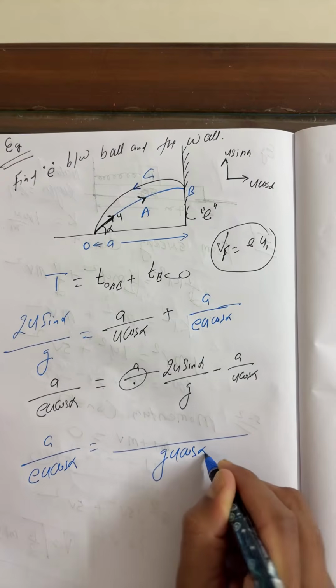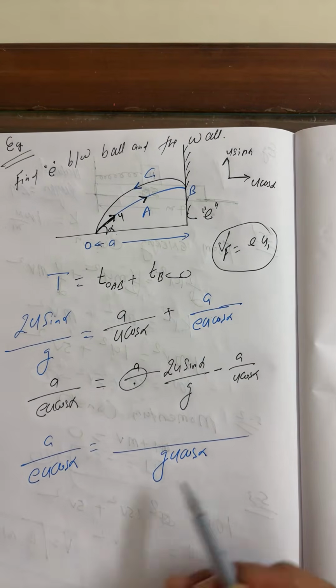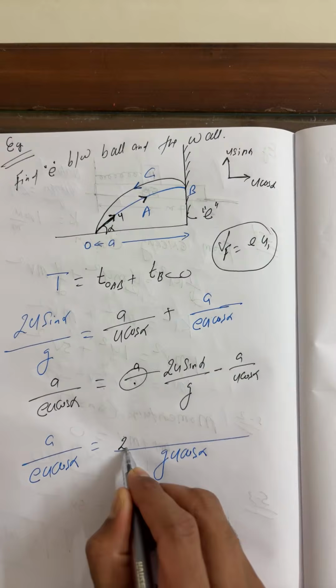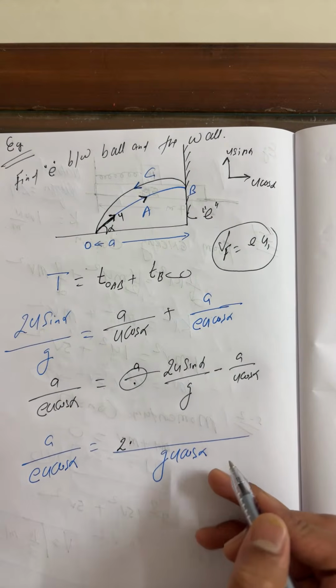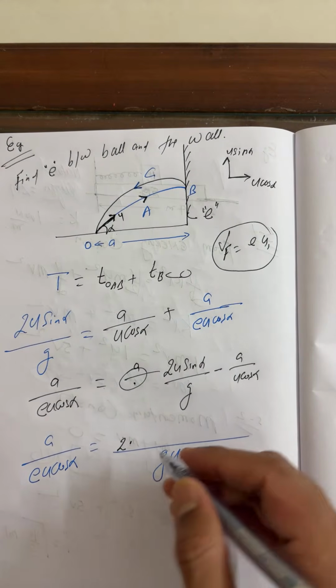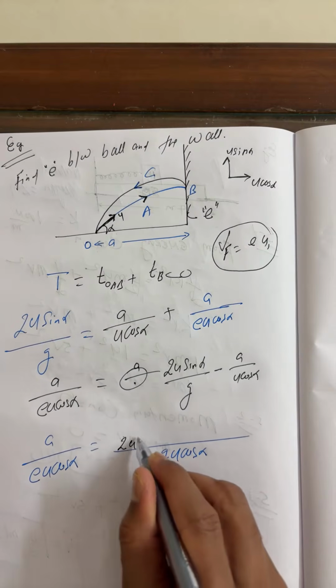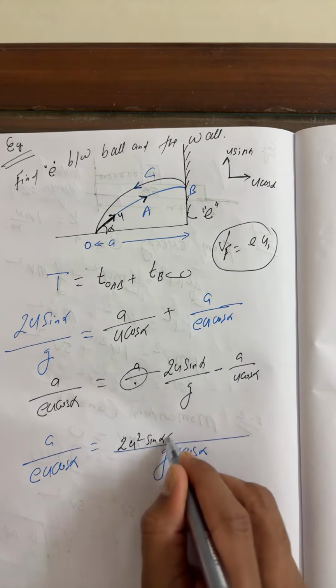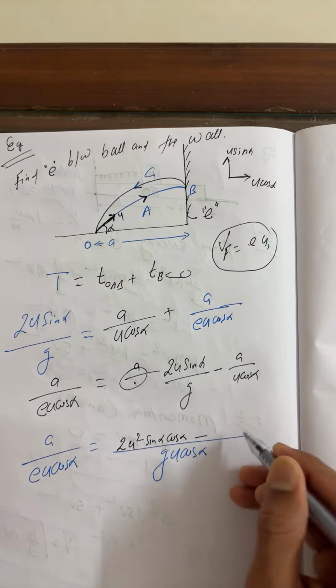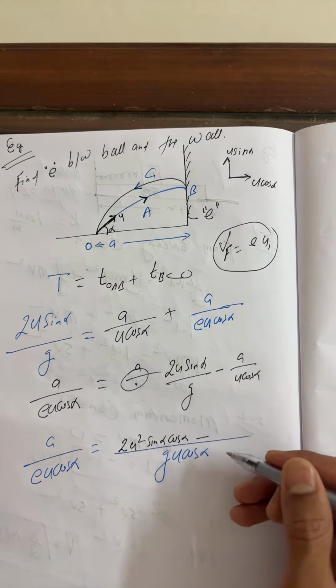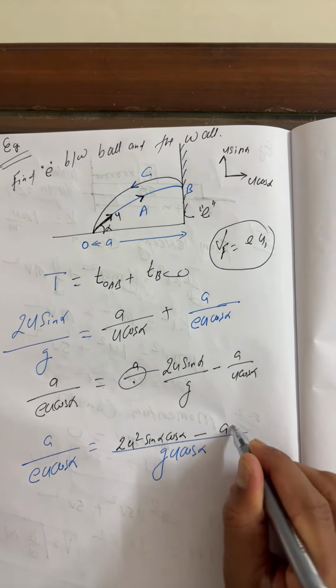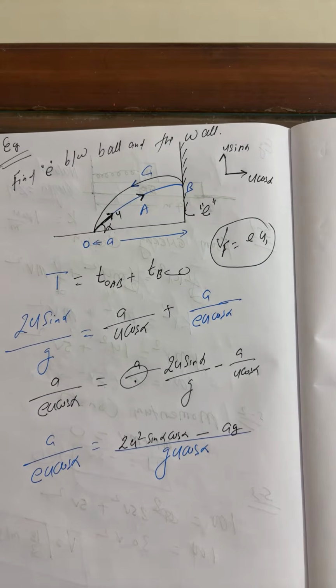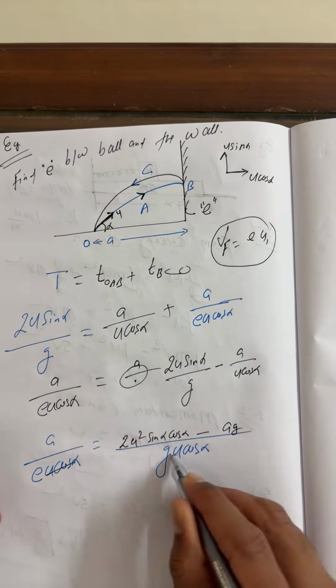into U cos alpha. G, beta, you can take common here. So you can write 2 into what? This is U squared sin alpha cos alpha minus AG. You can say simply, U cos alpha finished.